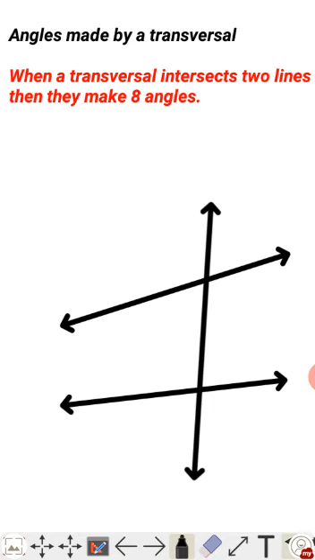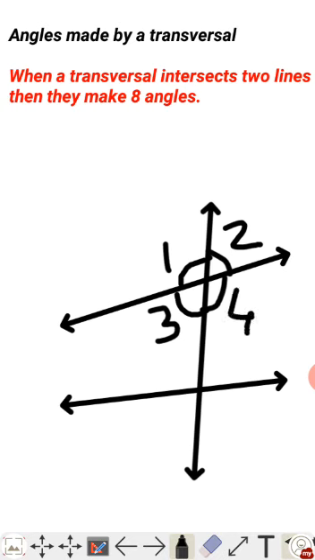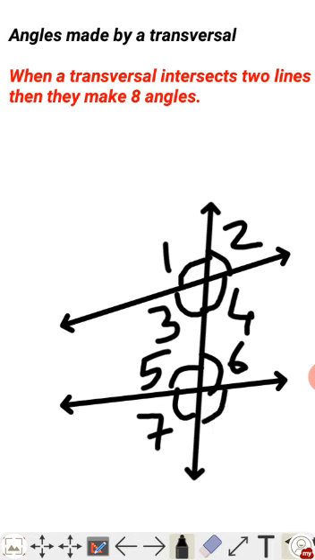You can see here, this is your angle 1, this is your second angle, the next is your third angle, it is fourth, it is fifth, it is sixth, it is seventh, and it is eighth. In this way, on the transversal we get 8 different angles, right?